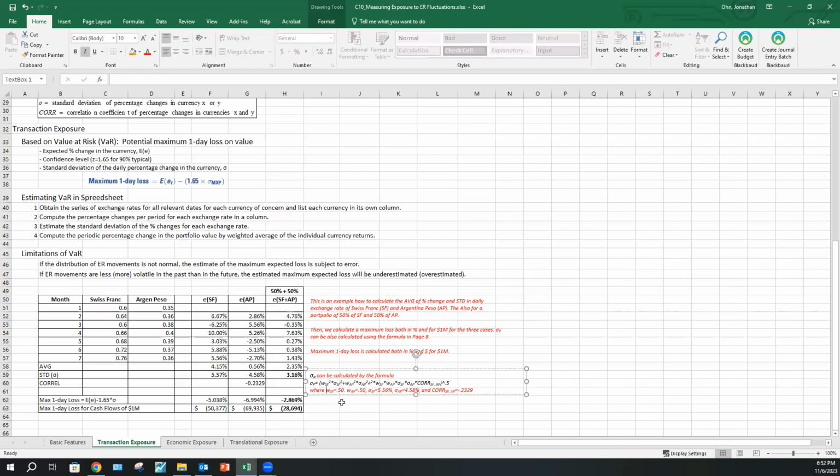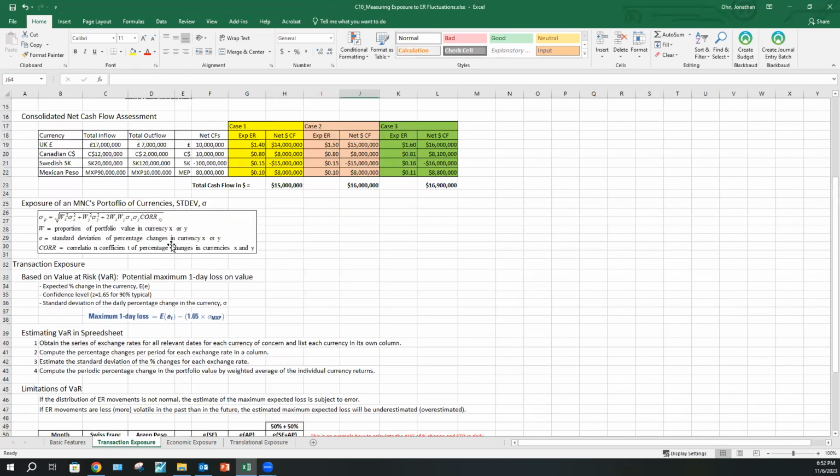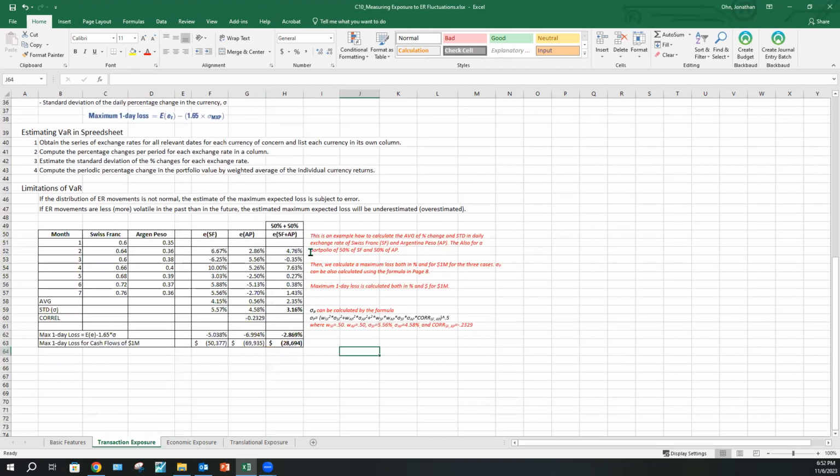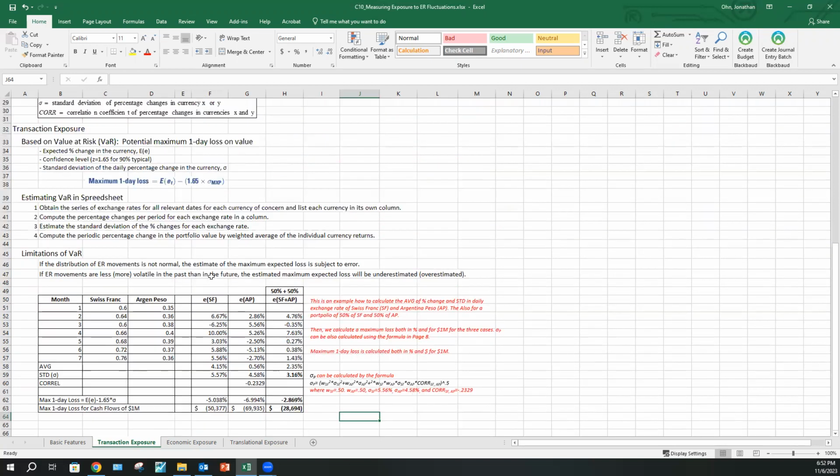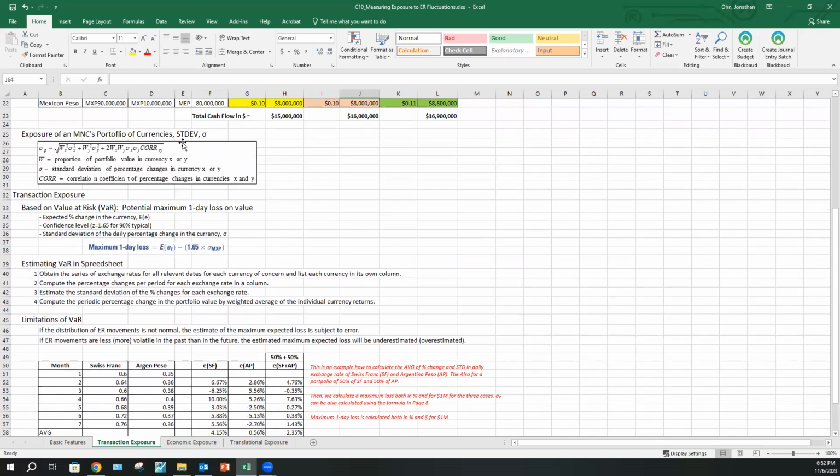Now, the next one. We were given the model portfolio, the theory model, and all this raw data. We calculated the percentage change, the standard deviations, and then combined them into the portfolio standard deviation. Suppose we are not given this raw data. We are asked to calculate just with this model.